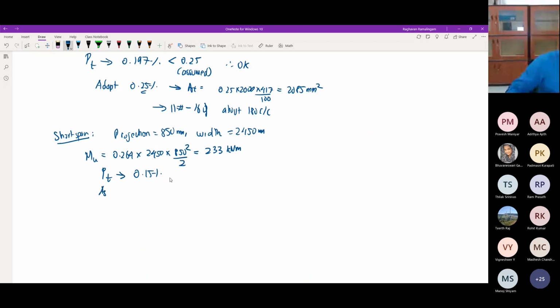You can give either 0.15 or the same 0.25. If you want to be conservative, go ahead and give 0.25. Whatever you do, you'll finally get some reinforcement.